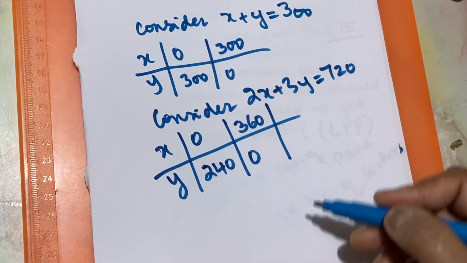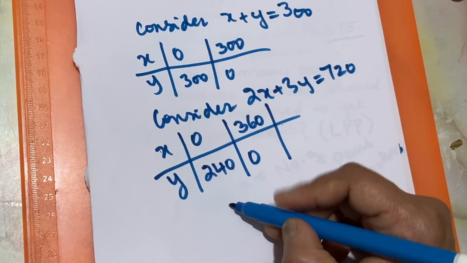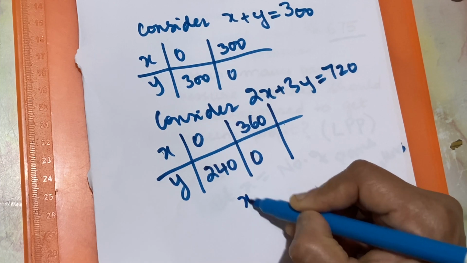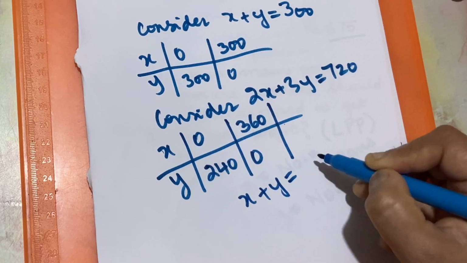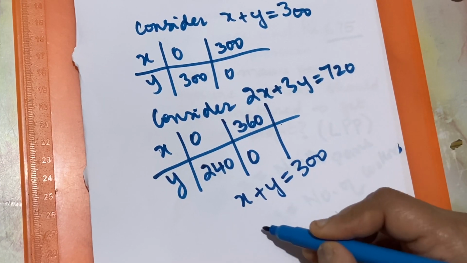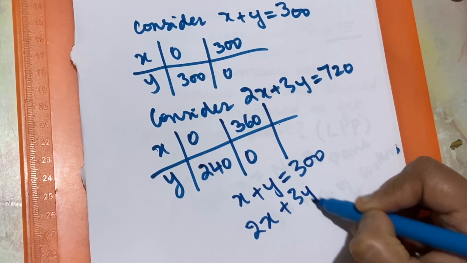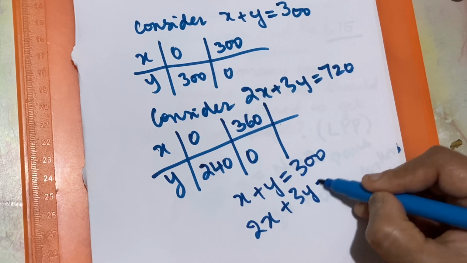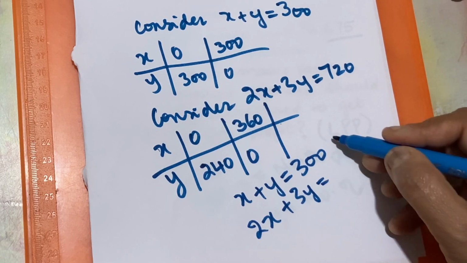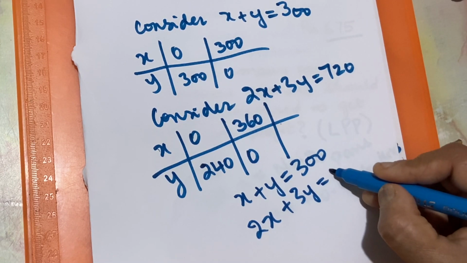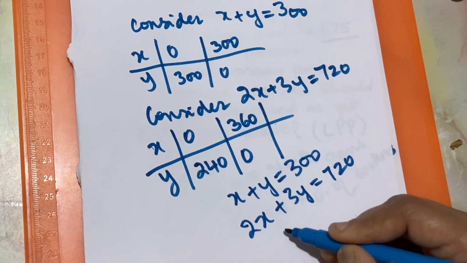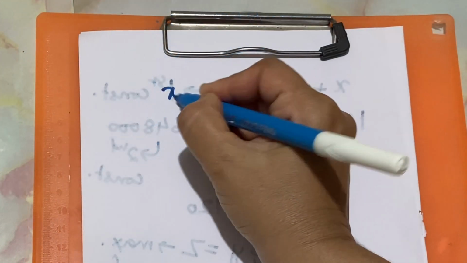We got the end points. Now we have to solve these simultaneous equations. We will get the values for x and y which intersect. The point of intersection of these two lines we will get if we solve these simultaneous equations.